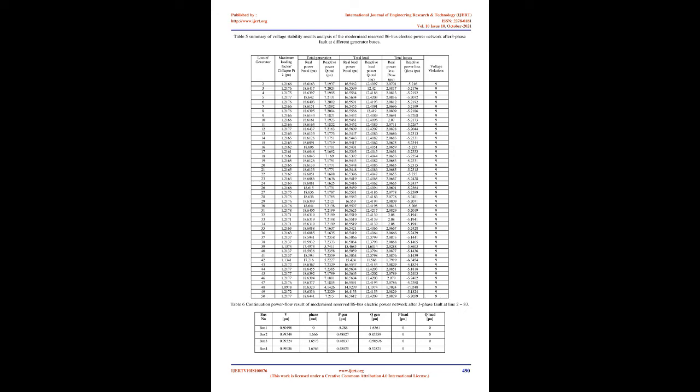It means that the maximum power expected for the modernized reserved 86 bus electric power network to be loaded under base load point/normal operating conditions is 1.1753 pu, 352.59 MW. The base load point is taken as 1 pu equals 300 MW equals 300 var.